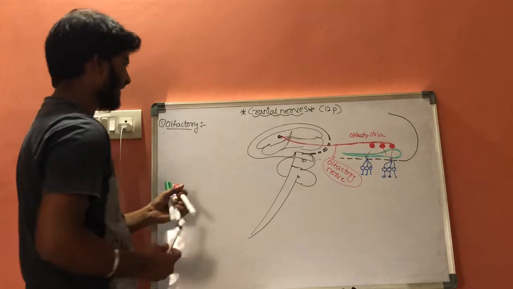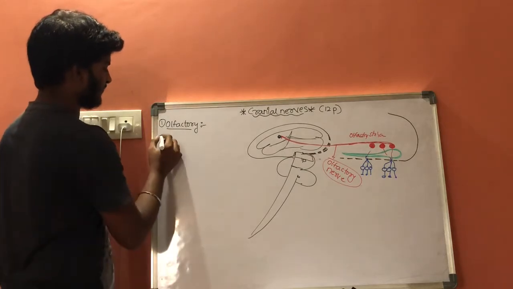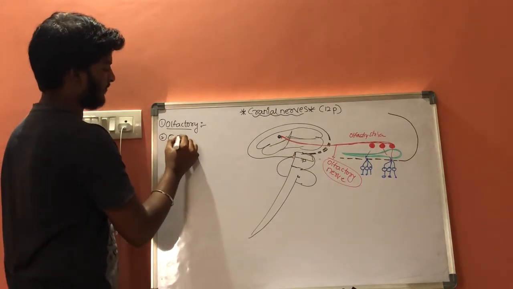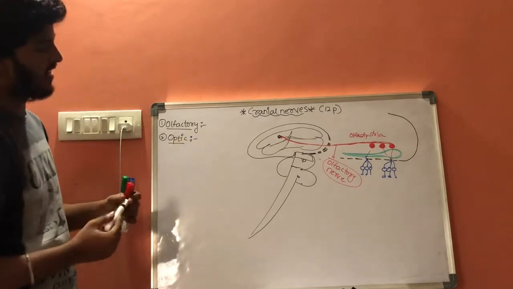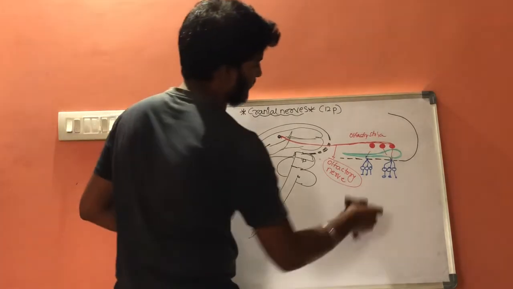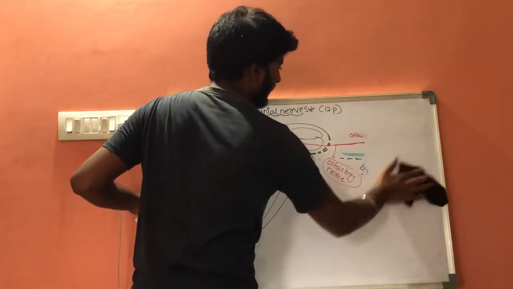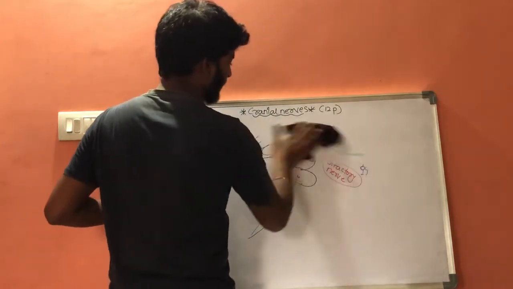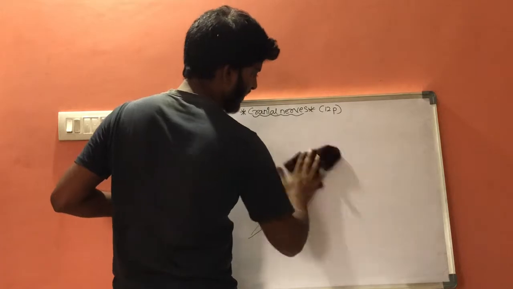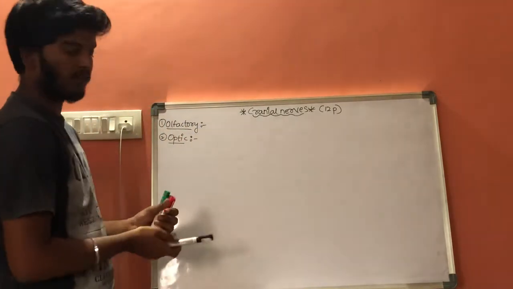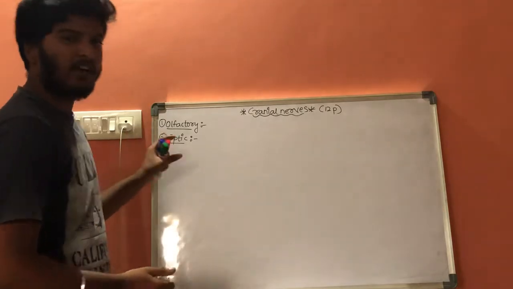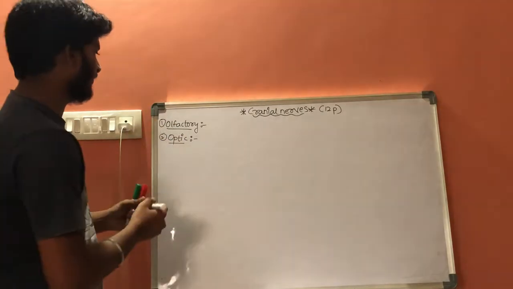Now, the second type of nerve is the optic nerve. Let us discuss where this optic nerve is formed, from where it is formed and where it ends. Now, this optic nerve is not a true cranial nerve.